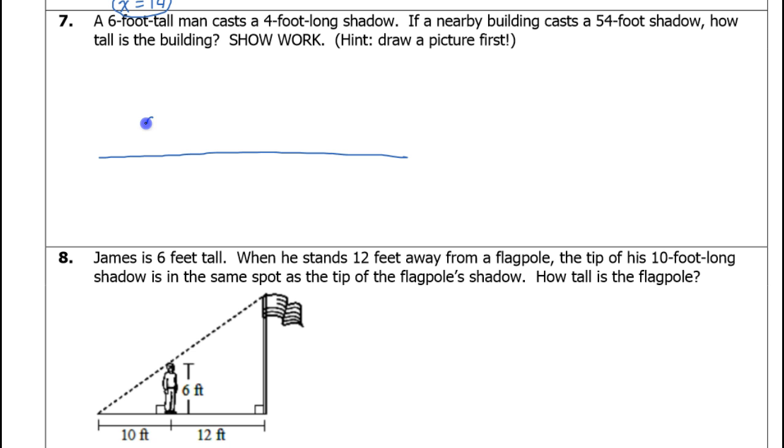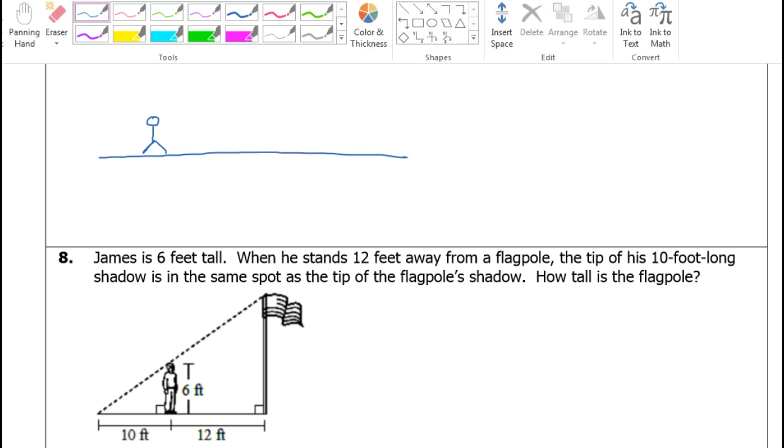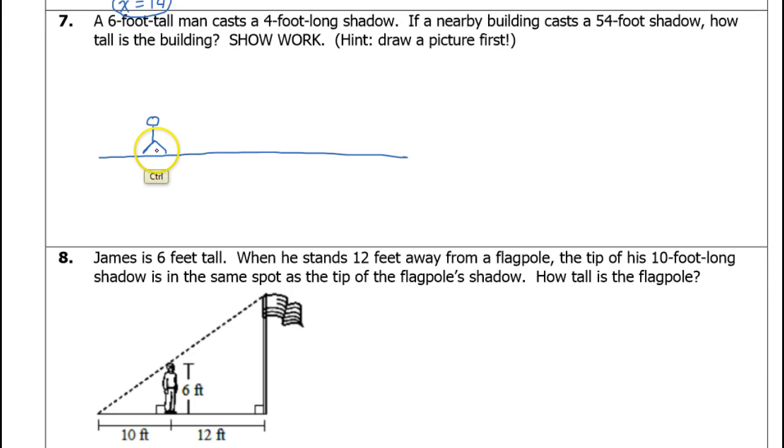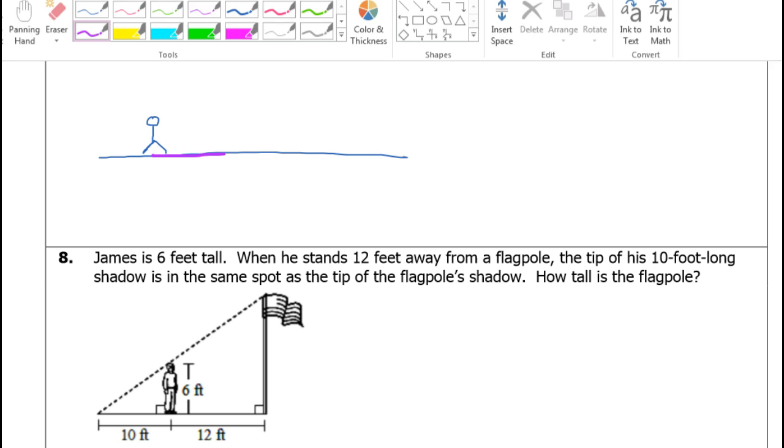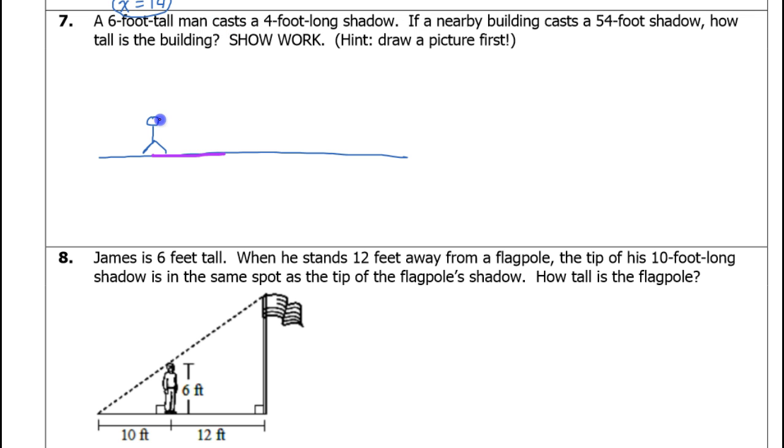Okay, so we have a man, and he is casting a shadow. So this will be his shadow. And that's going to form a triangle.